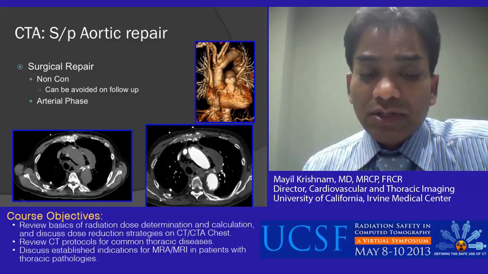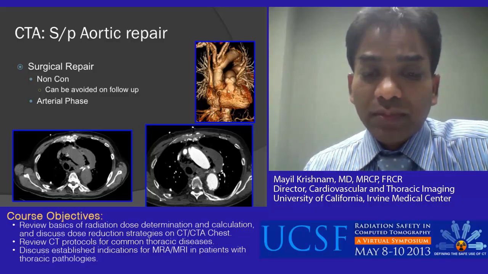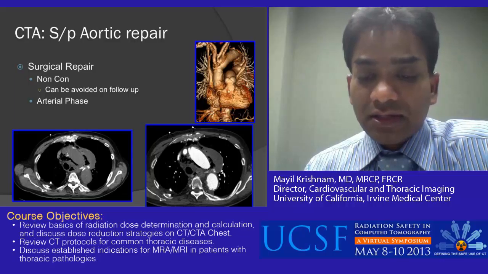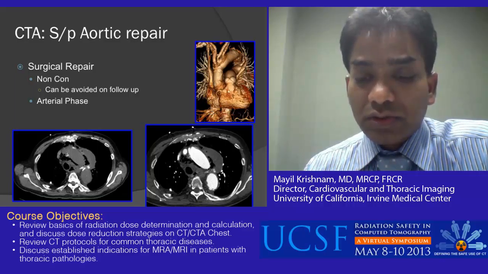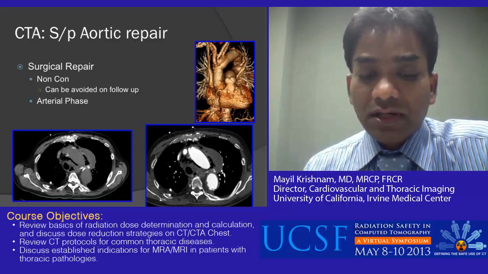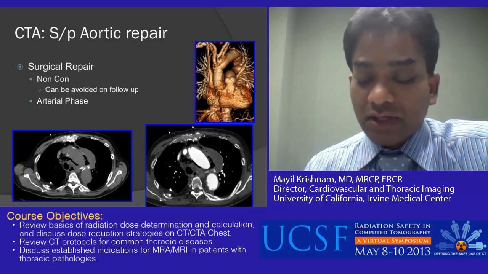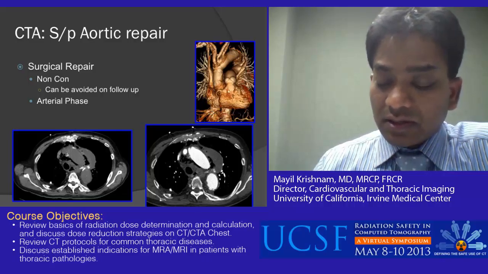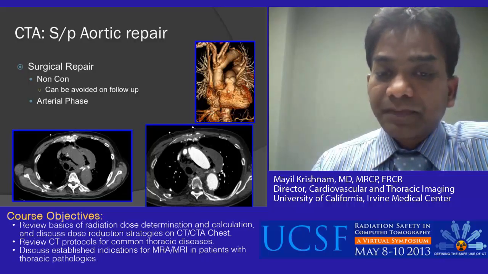Images at the bottom demonstrate a non-con scan on a patient, immediate follow-up on a patient with ascending aortic repair with an elephant trunk procedure, and you can see on the arterial phase scan on the right there are some high densities at the mid-level, and one could interpret this as a contrast extravasation, but the non-con image helps to identify these are nothing but post-surgical material.